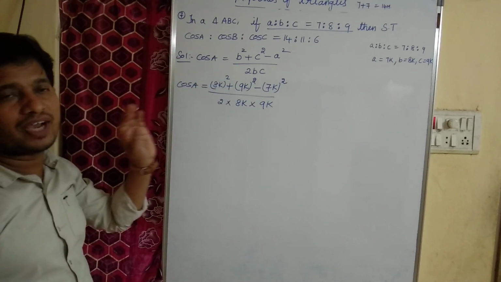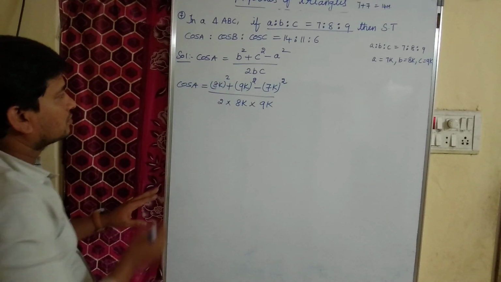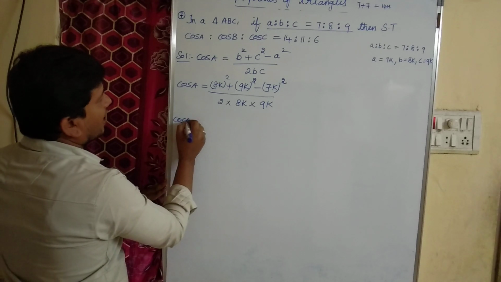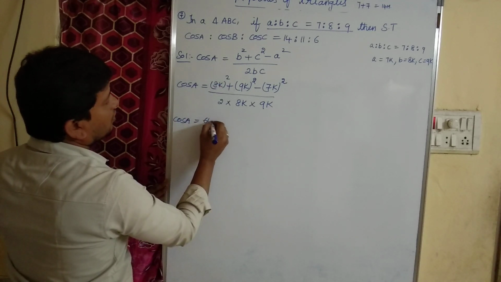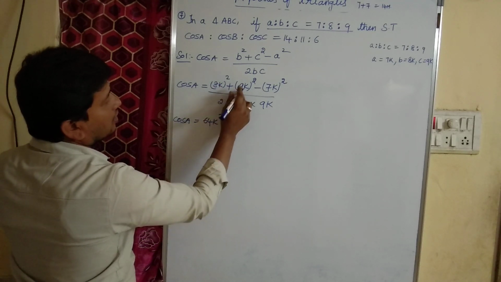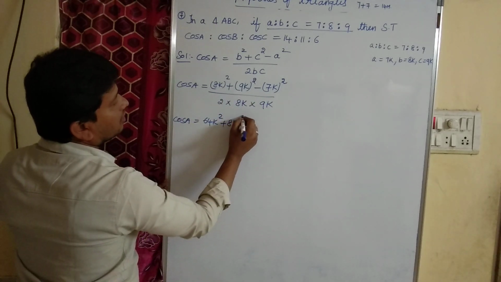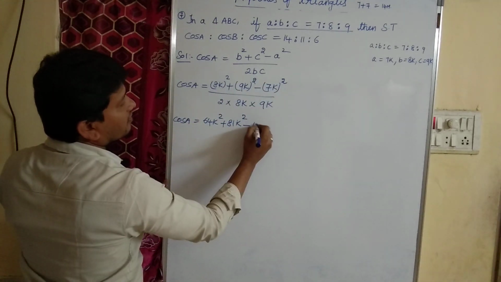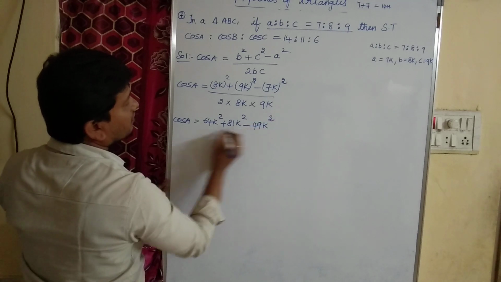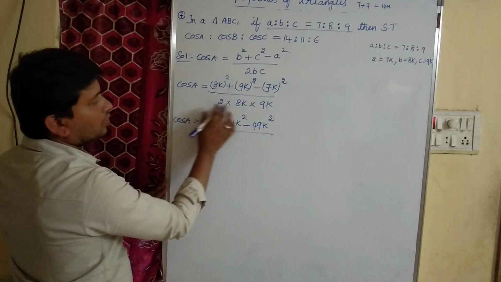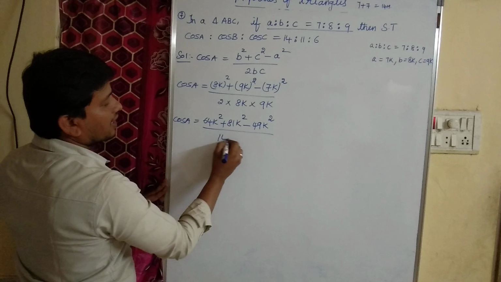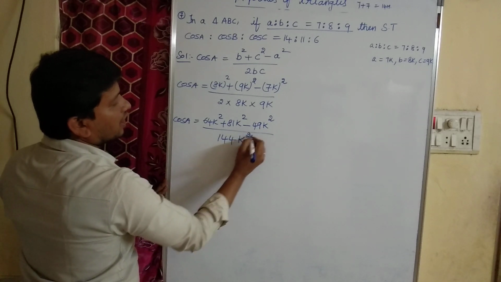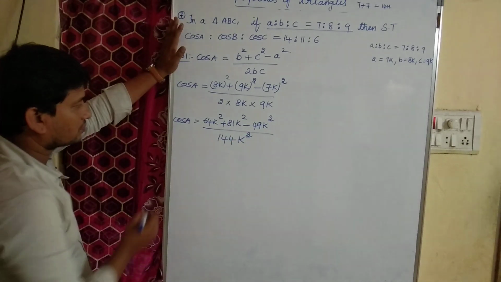Simply, I substituted the values of a, b, c. As 8 square is 64k square, 9 square is 81k square, minus 7 square 49k square, divided by 2 into 8 is 16, 16 into 9 is 144 k square.